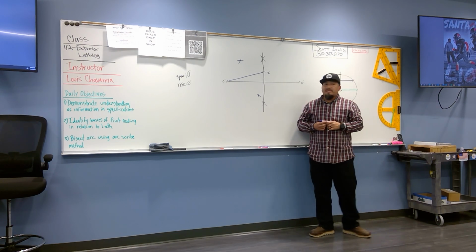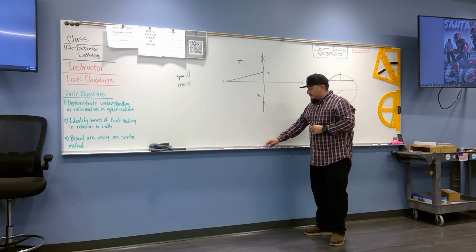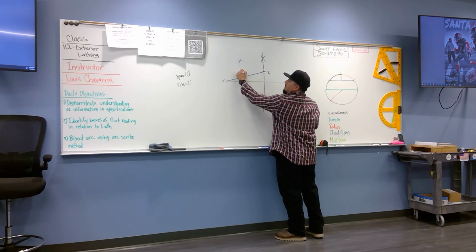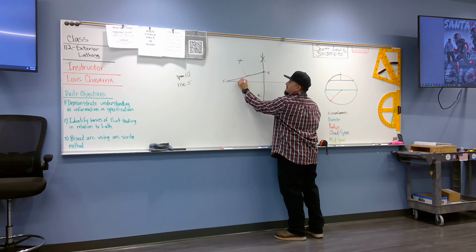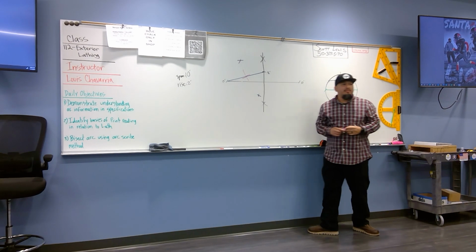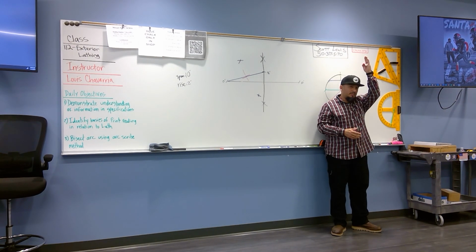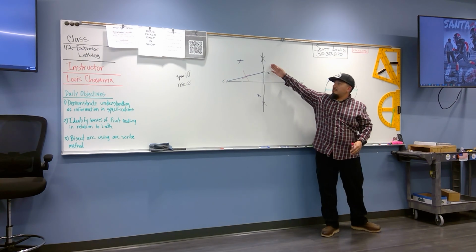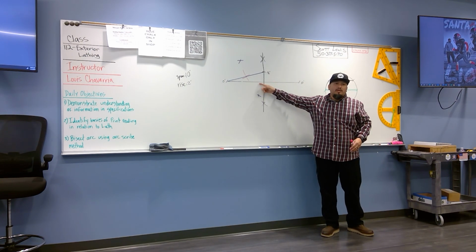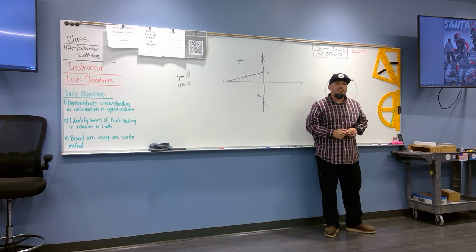These marks should be 90 degrees from the center, because remember, I'm actually taking that line and I'm splitting it directly in half. So this line should create 4 90-degree angles right there.